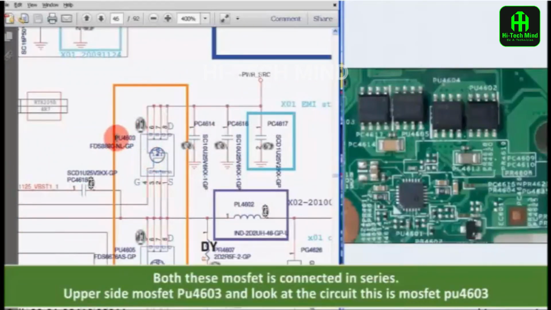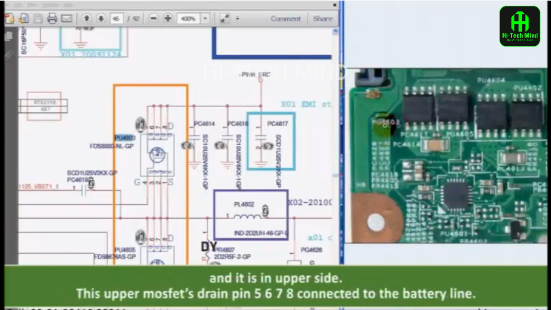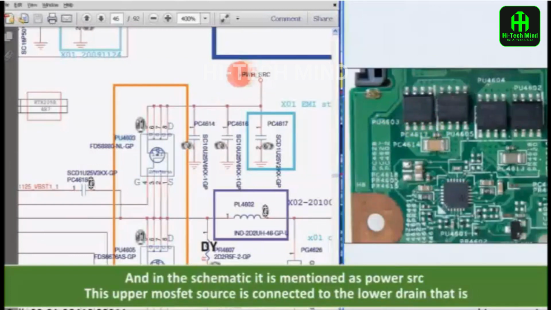The upper side MOSFET is PU4603, and look at the circuit image. This is MOSFET PU4603, on the upper side. This upper side MOSFET's drain pins 5, 6, 7 and 8 are connected to the battery line, mentioned in the schematic as power SRC.